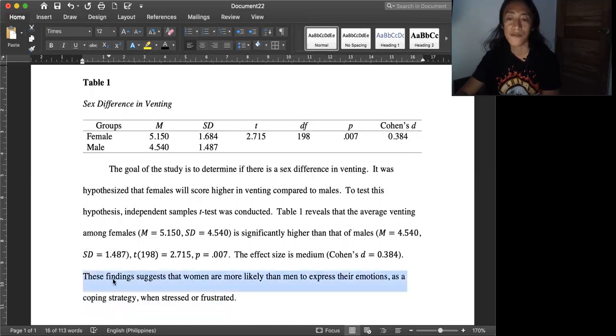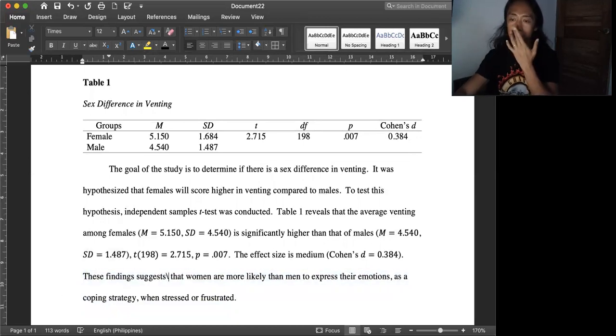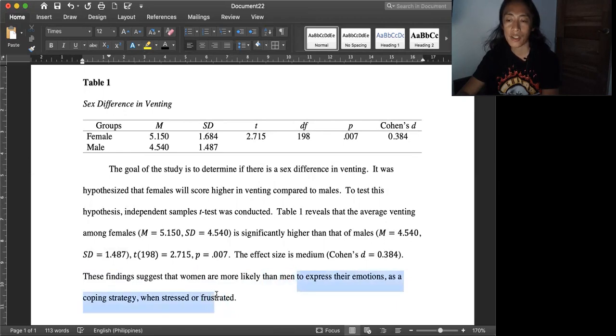So I said, these findings suggest that women are more likely than men to express their emotion as a coping strategy when stressed or frustrated.